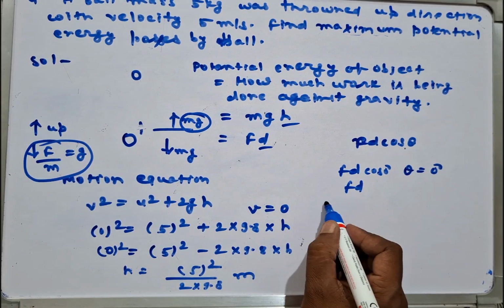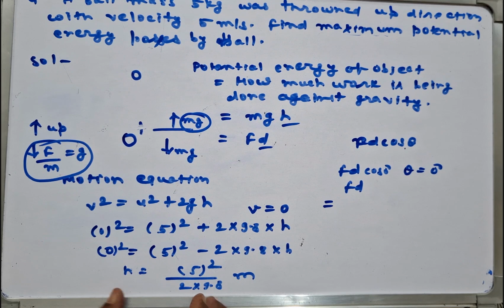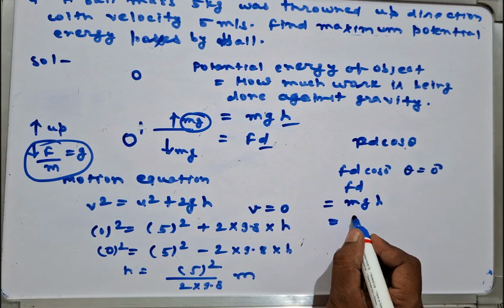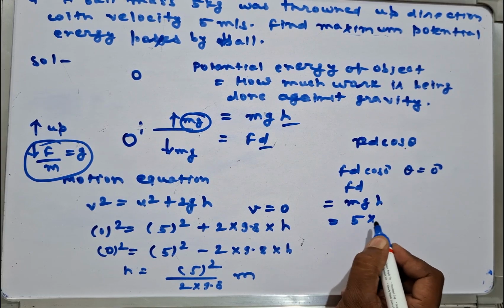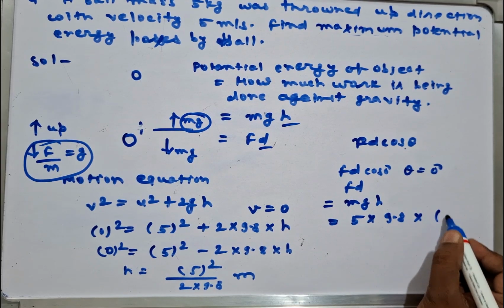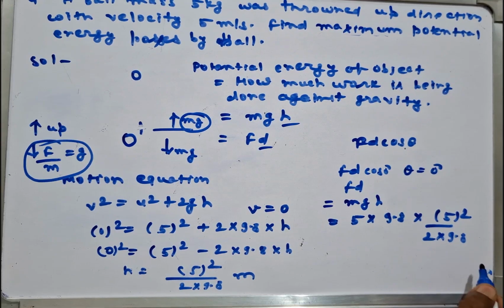So how much potential energy will it gain at this height? mgh. So m is given 5, g is given 9.8, and the height you know is 5 squared over 2 into 9.8.